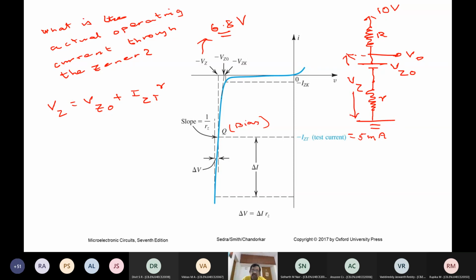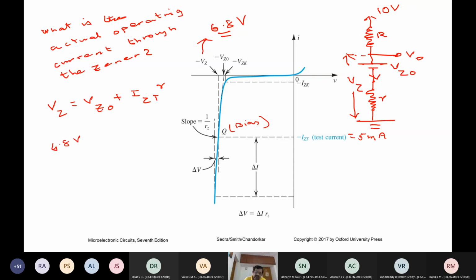So understand that I can operate the Zener at any current. So I really do not know exactly where I am operating. To determine that, I must start from the VZ naught value, and then find what will be the current through this. Once I know the current, I can easily back calculate what will be my VZ exact operating point. So this VZ is my starting value, given as 6.8 volt.